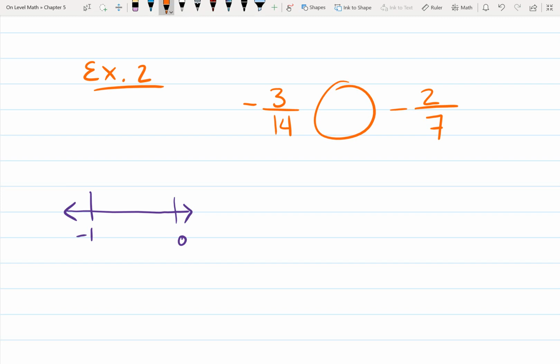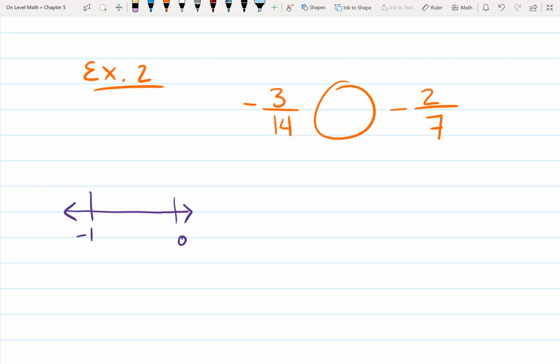Remember, if we kept this number line going in this direction, it would be -2. But I only care about the 0 and -1 because that's what these two fractions are between. It's not a mixed number. So I don't need to draw this orange part of the number line.